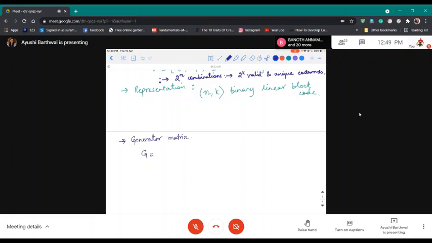And this generator matrix has order k cross n. That means k is the number of bits in the message signal, so it will have number of rows equal to the number of bits in the message signal, and n denotes the number of columns, which will be equal to the number of bits in the valid code word.